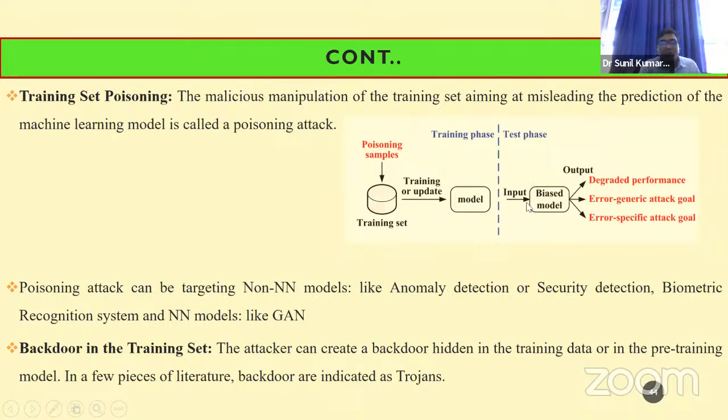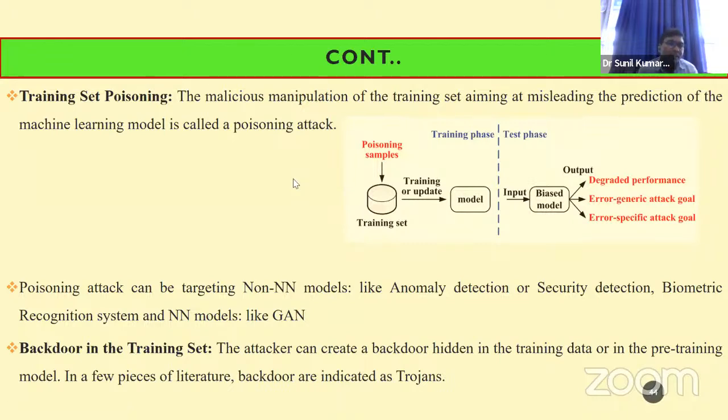And then if you give the input, and of course the poisoning sample was there in the data set and your model was trained over that, then of course it is going to be a biased model. So if you give the input, the output may degrade the performance, or it may suffer from an error generic attack goal, or an error specific attack goal.